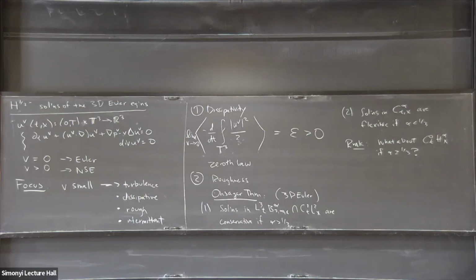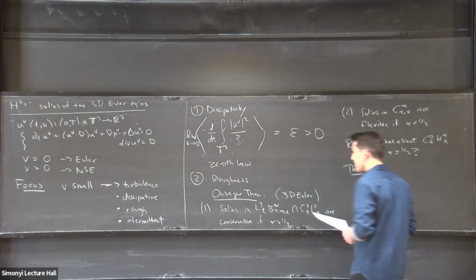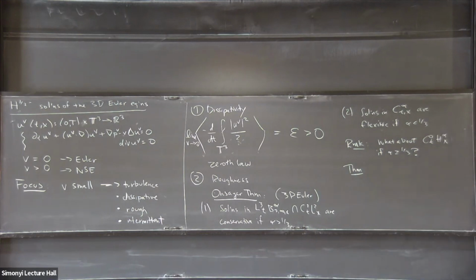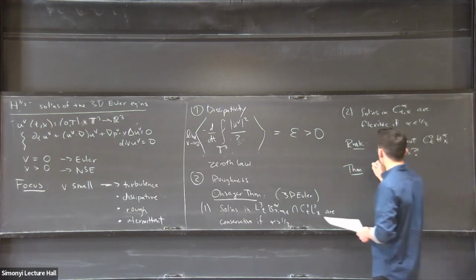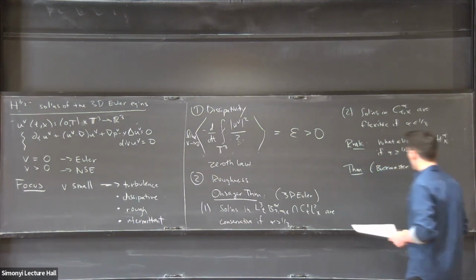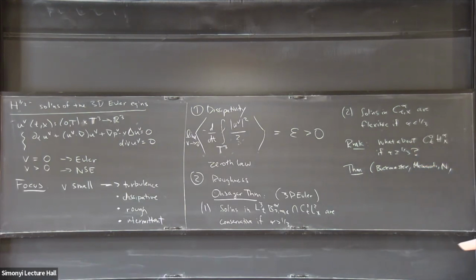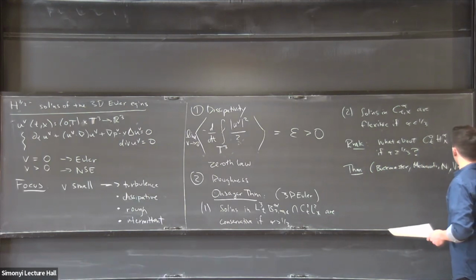All right, so I'll motivate in a minute why one may search for solutions with this property, but this is a good time to state the main theorem that will be the focus of my talk. So this was joint work with Tristan, Nader Masmoudi, myself, and Vlad Vicol from last year.